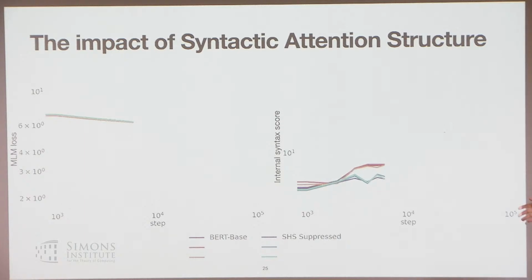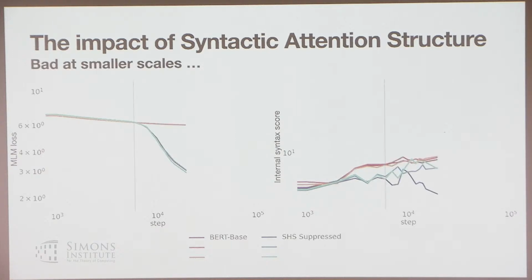All of the red lines here are just normal training, and the cool colors are suppressed. What happens is at smaller scales, actually we get better performance by suppressing the internal syntactic structure, which is very interesting, and we might want to talk about that later.